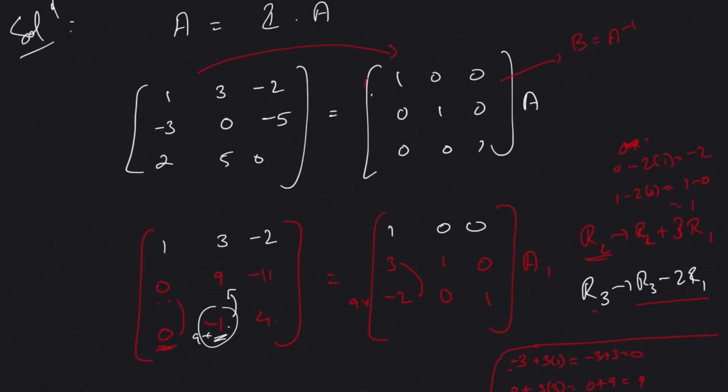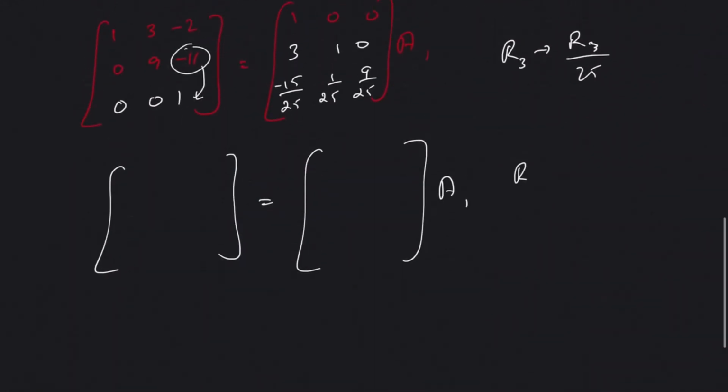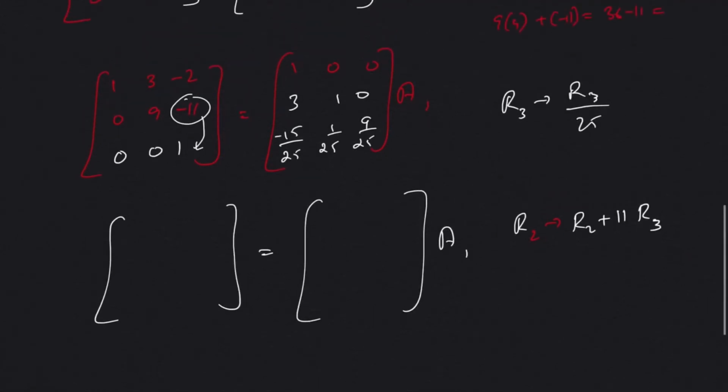Okay, so what I do generally here is I try to focus on the rows, try to focus on getting as many zeros as possible in the non-diagonal elements. Because for me that always helps. Okay, so R2, I'll add 11 times of R3. That means R1 or R3, I will not change.